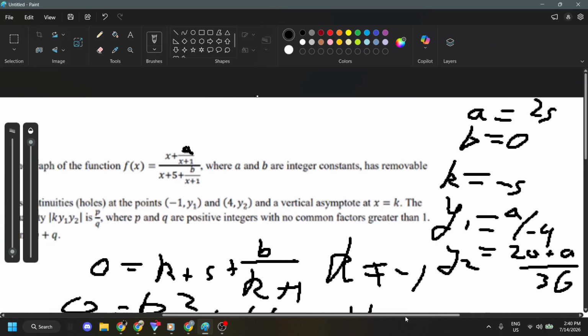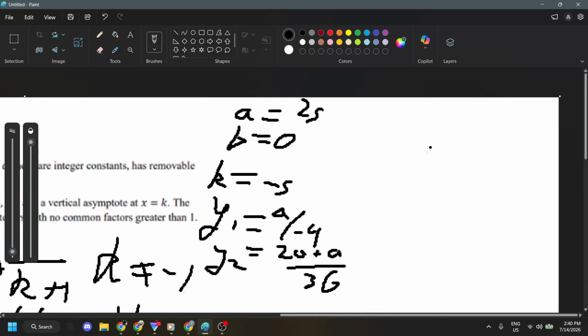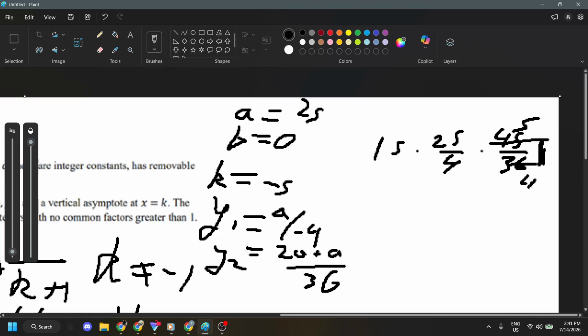So our solution is going to be -5 times 25 over 4. I'm going to get rid of the negatives because it's just the absolute value. Times 20 times 45 over 36. Take out 9 here, we get 5 and 4. So we get 5 times 125, so 625 over 16.